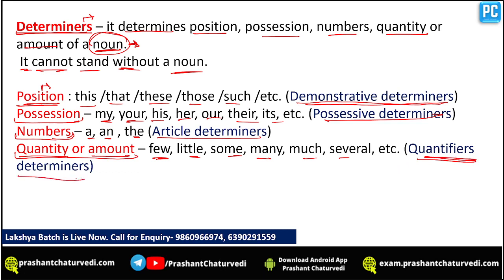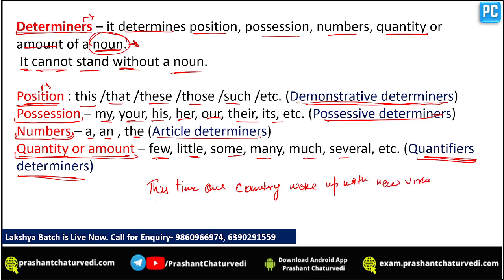Clear? So many times questions have been asked from these types of determiners. For example, if they ask: this time our country woke up with a new virus.